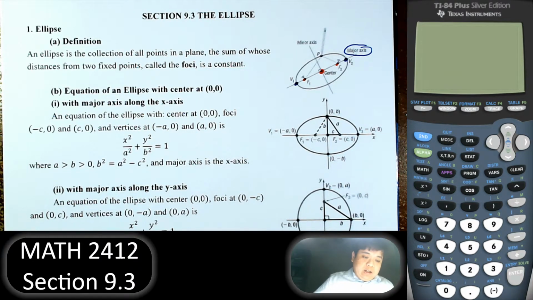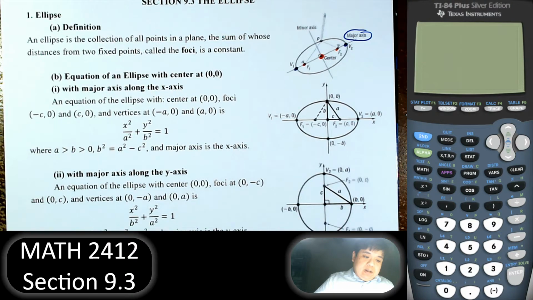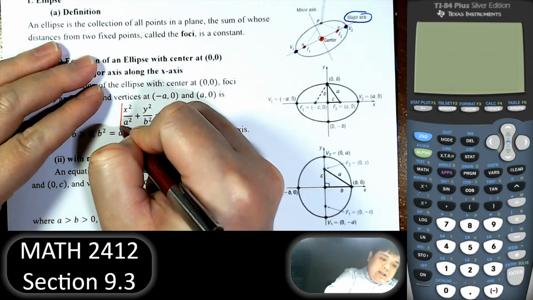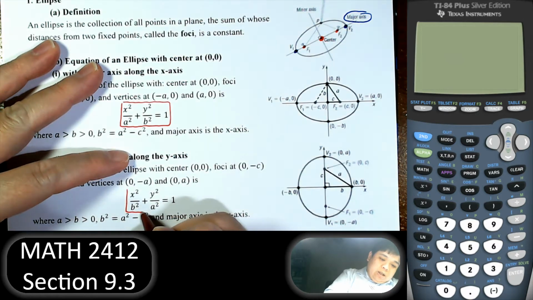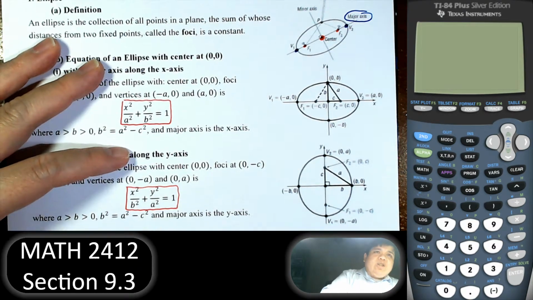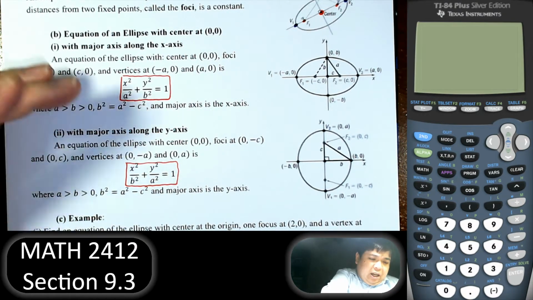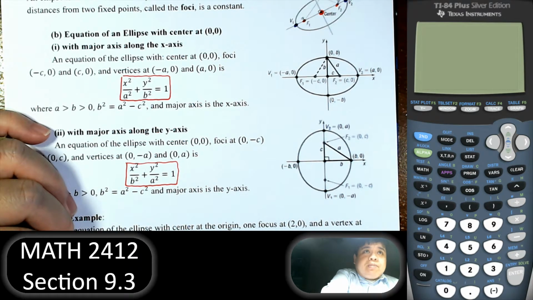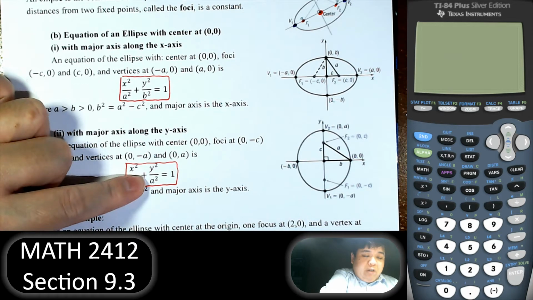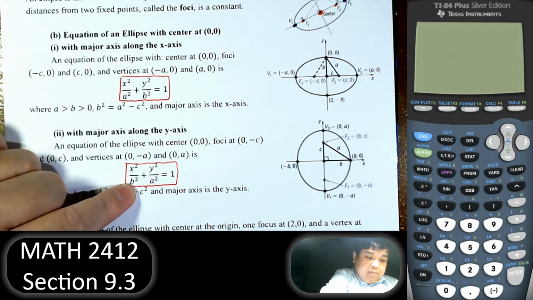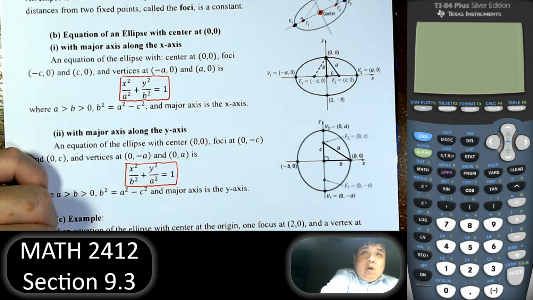The equation of an ellipse is either this or this. What is the same and what is the difference between them? We still have x squared over something and y squared over something. The difference is whether a and b are under the x or the y. If we want to graph it, it is very simple.